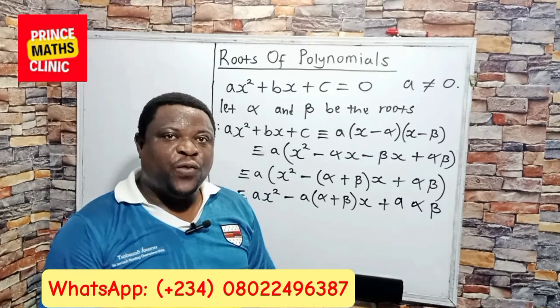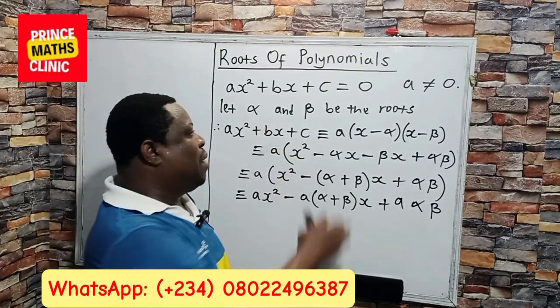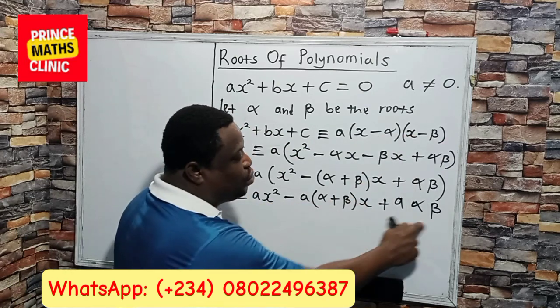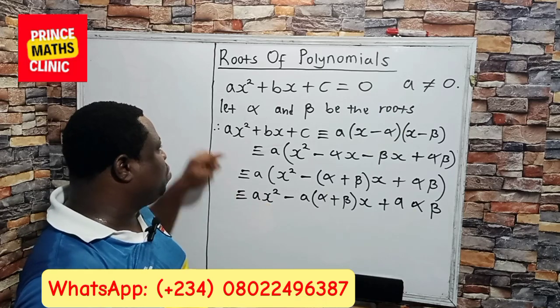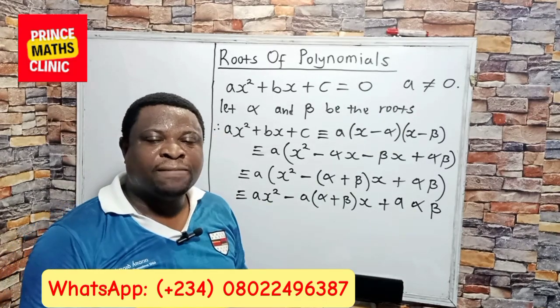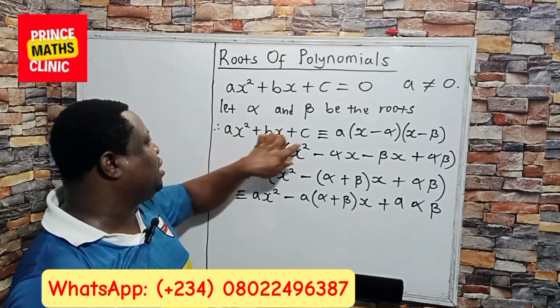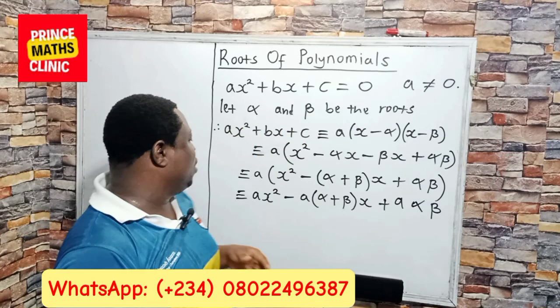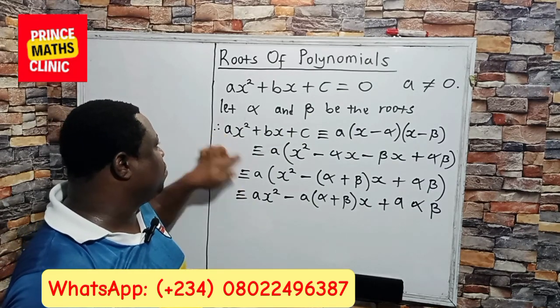What it means by equivalent is that what I have here should be the same as what I have here, which we have expanded to this portion. So you can see that ax squared is the same as ax squared, so it means that they are coefficients. What is a coefficient? A coefficient is simply the constant before our variable. In this case, a, b, c are our constants. So the coefficients of x squared here are the same.